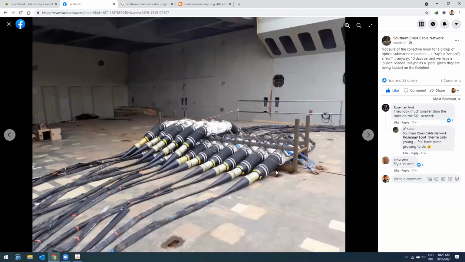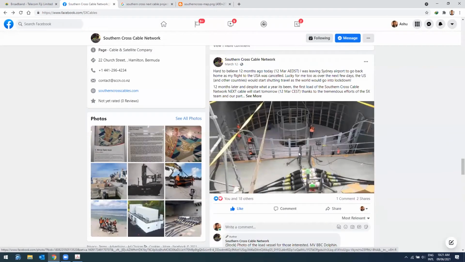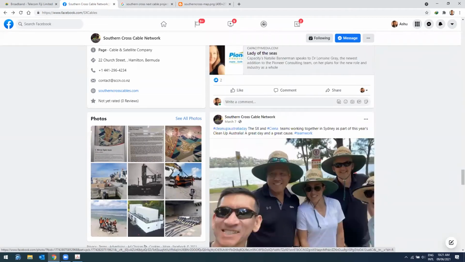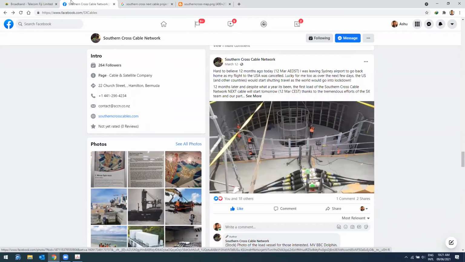You have thick fiber cables, and they go on the seabed. So this is faster, right, compared to what we have now.